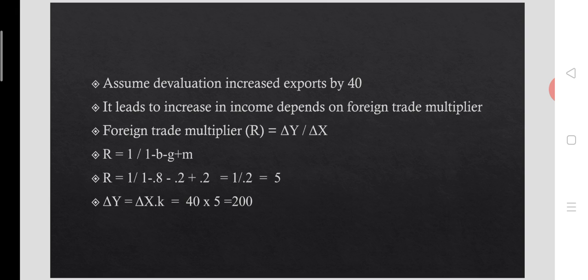So when export is increased after devaluation, the income is going to be increased 5 times the export, as the foreign trade multiplier value is 5. So when export increases by 40 million US dollar, the change in income will be 200 million US dollar after devaluation.